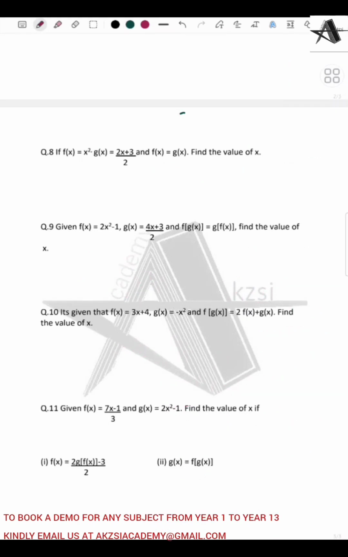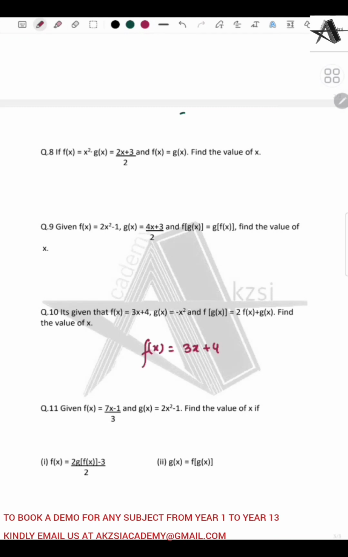Now question 10 says it's given that f(x) is 3x plus 4, g(x) is negative x squared, then function g(x) is equal to 2 times f(x) plus g(x), then we have to find the value of x. So we just need to substitute the value, but before that we need to calculate f of g(x). As I told you, f is going to be your primary function. So we just need to write f(x), that is 3x plus 4.